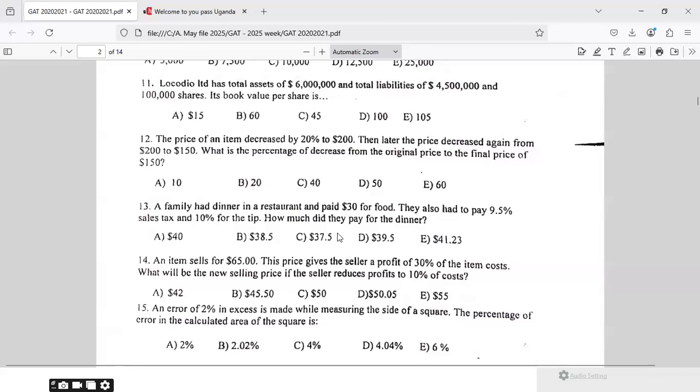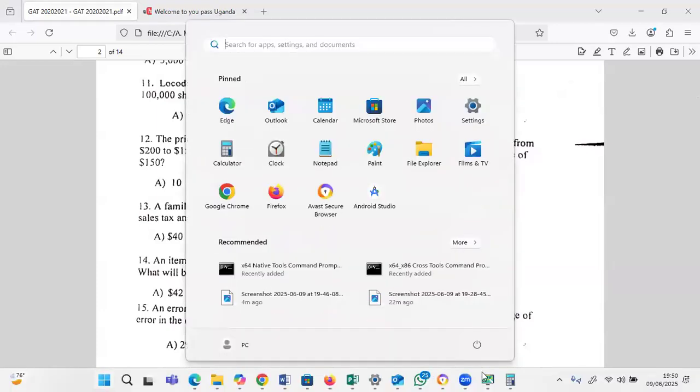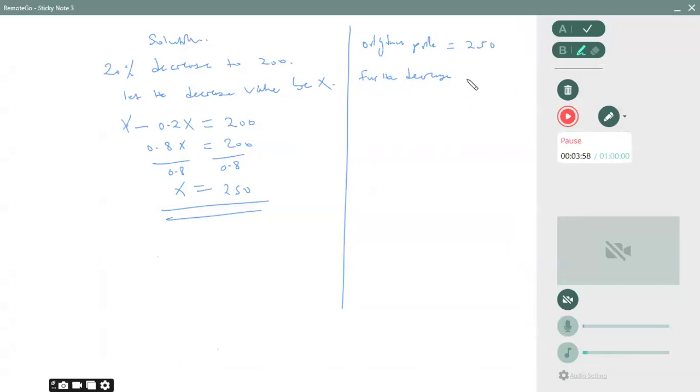They told us that it further decreased from 200 to 150, meaning the further decrease is 150. Discounted again.